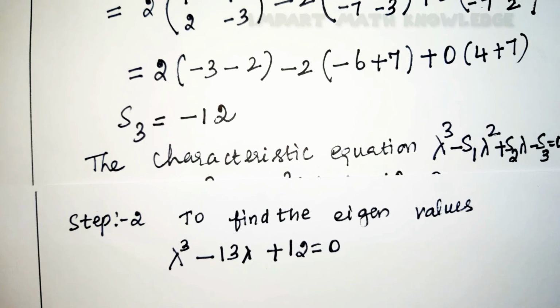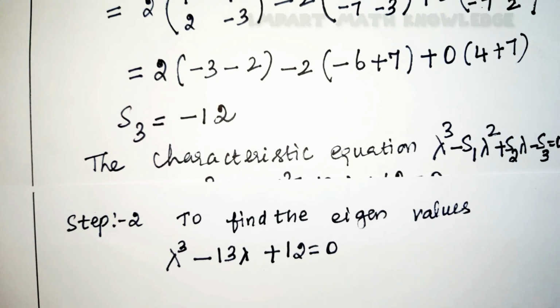If the value satisfies this equation, we can say that particular value is one root of this equation. You have to try with the values 1, minus 1, 2, minus 2, etc. Till it satisfies, you have to substitute the values one by one.